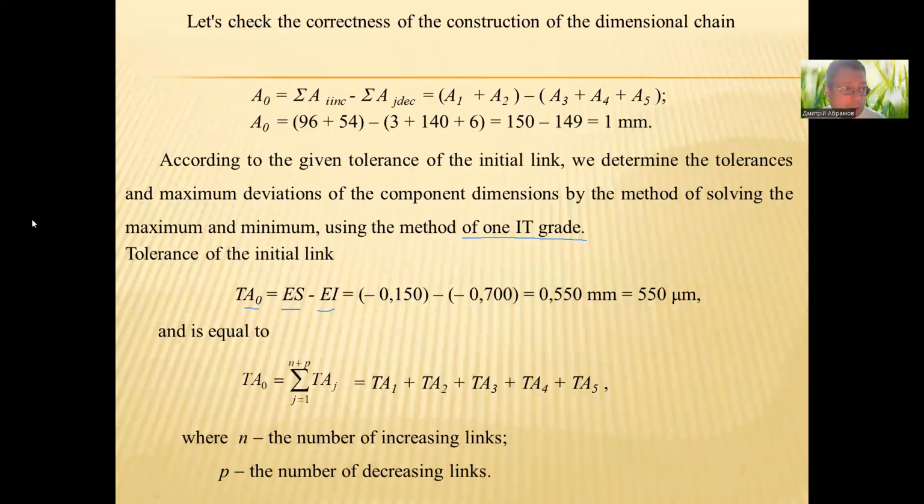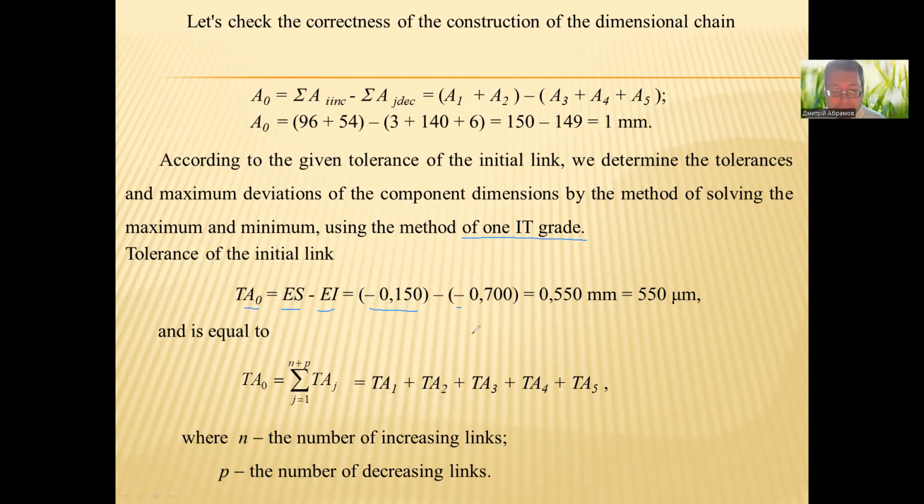So it will be equal to 0.15 minus (minus 0.7), which is 0.55 millimeters or 550 micrometers.